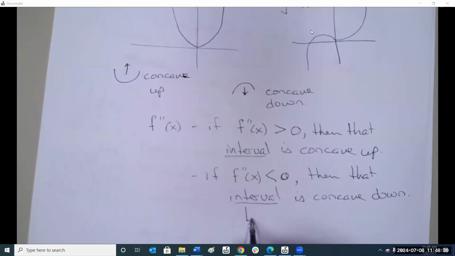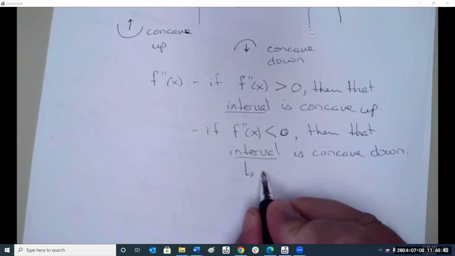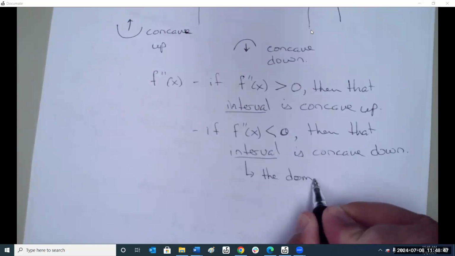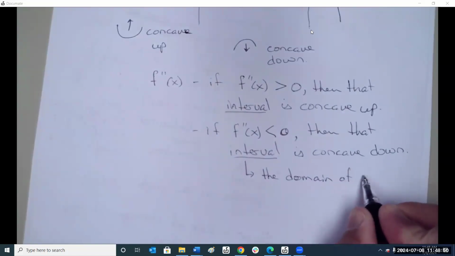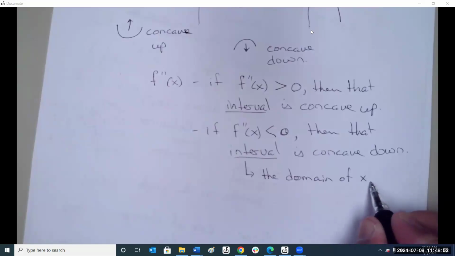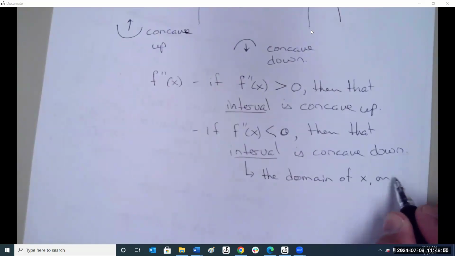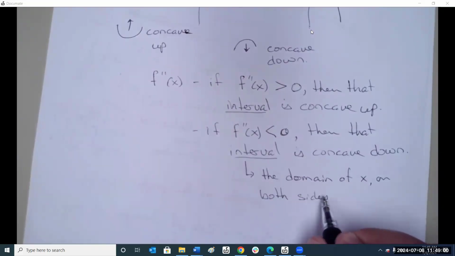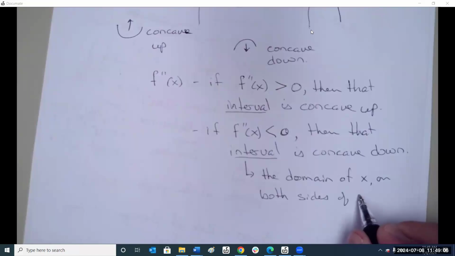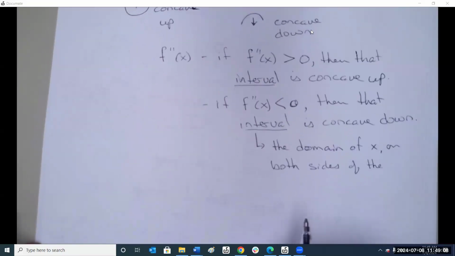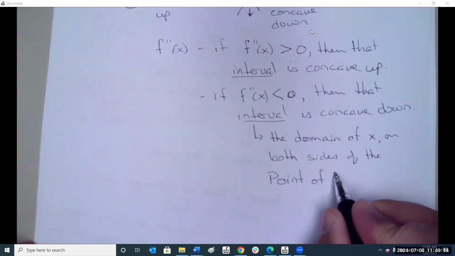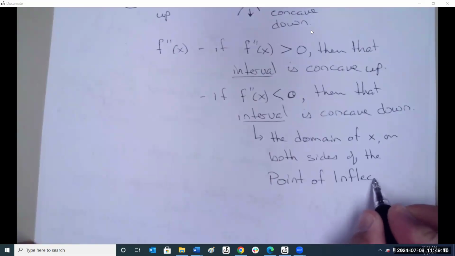By interval, I mean the domain of x on both sides of the point of inflection.